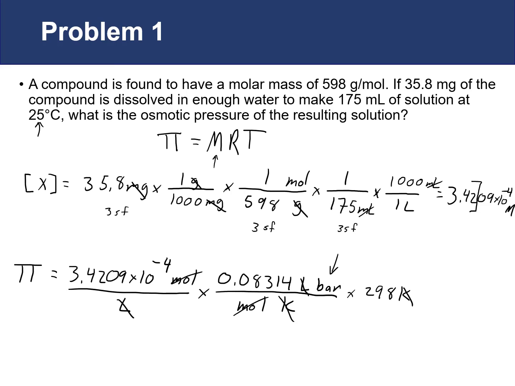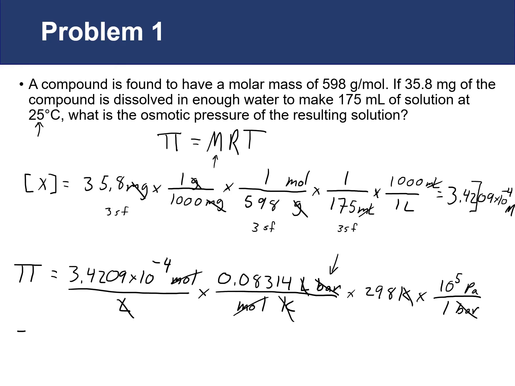We can now bring this into the base unit of Pascal by multiplying 10 to the 5th Pascal is equal to 1 bar. That is the definition. Bar cancel out, giving us Pascal.